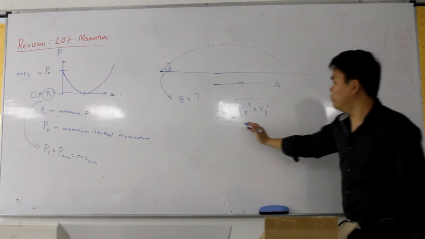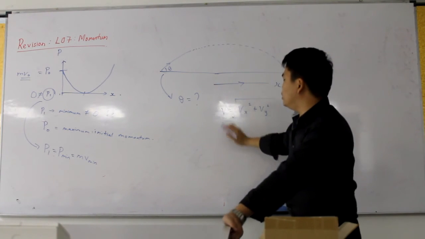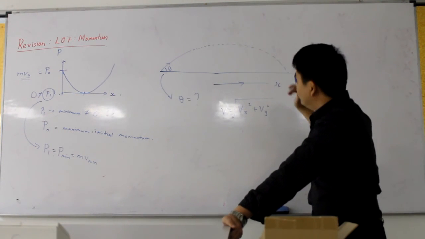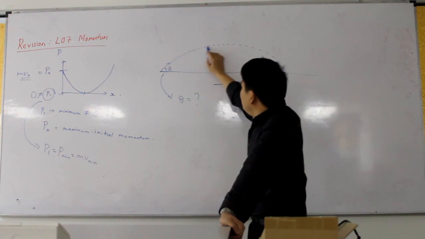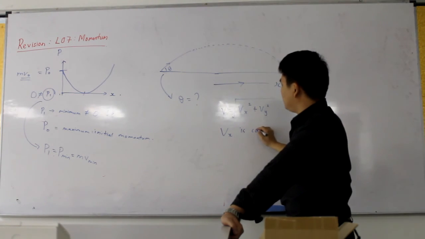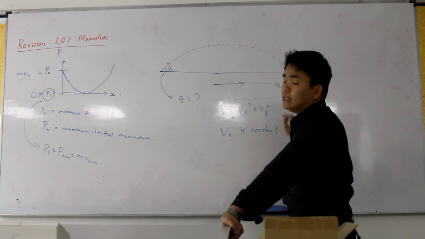All the time, at a particular position, the velocity of the projectile is just this one formula. And you need to know that along the path, vx is always constant, whereas vy is not constant.